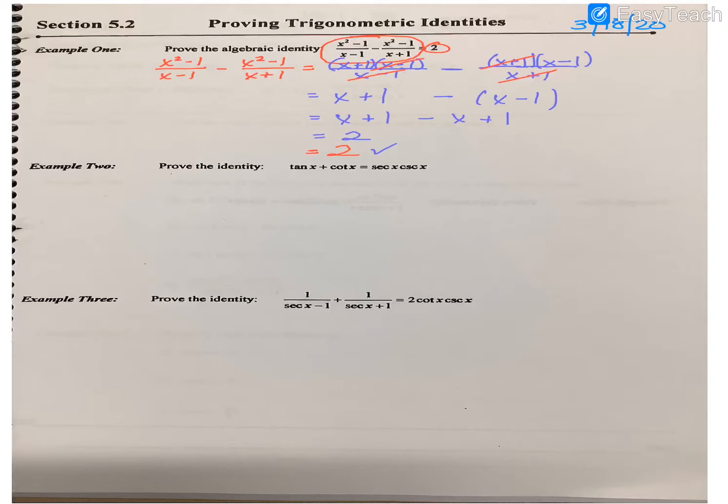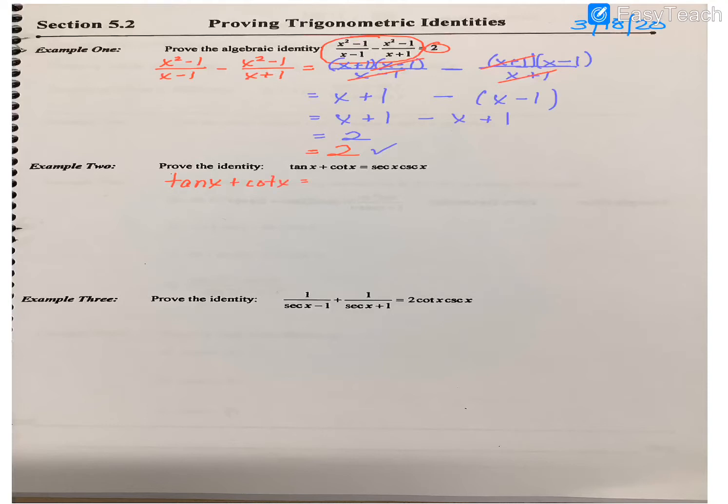Okay, so let's look at example 2 here, which now we get to talk trig. If we use the same idea as earlier, our goal is to start with the left, and you won't see me mess with the right at all. Our goal is to end at the right. So I'm going to do the same type of process I did earlier, and I'm going to write out my left here, which is tan x plus cotangent x equals.